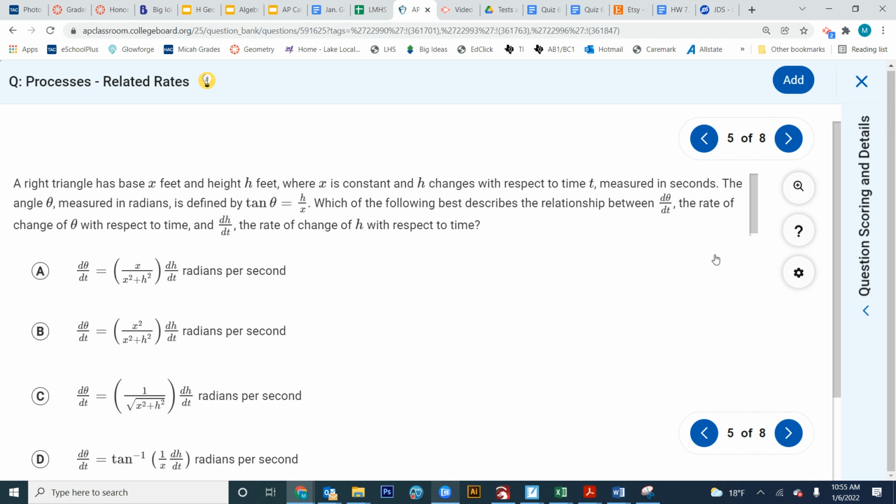Tangent inverse. I'm not saying this is the best way. I'm just showing you what both ways would get you. That way would get you theta equals tangent inverse of h over x. No calculus has been done on this problem yet.